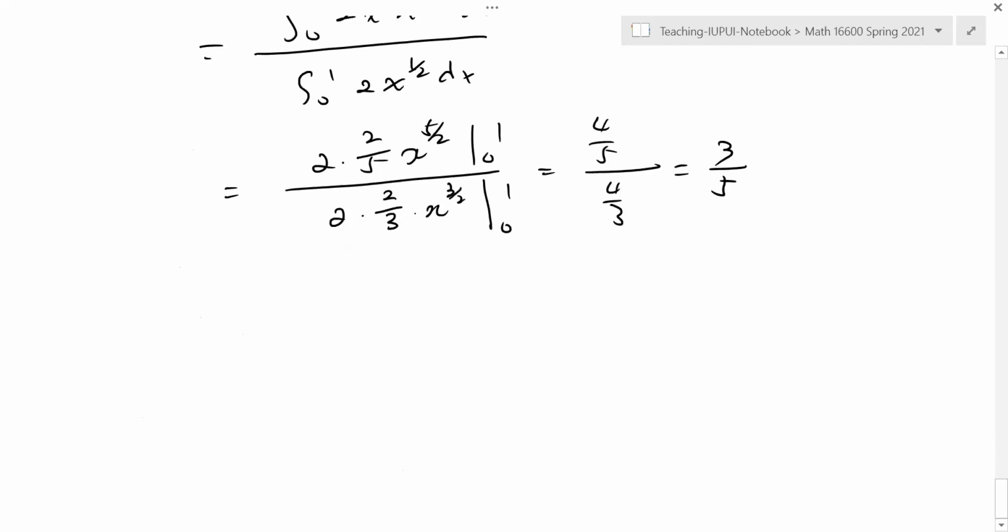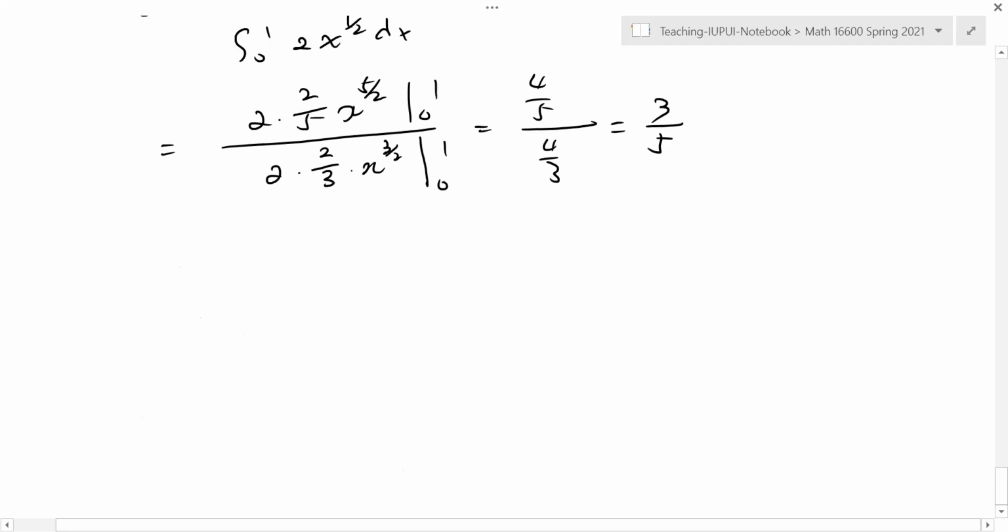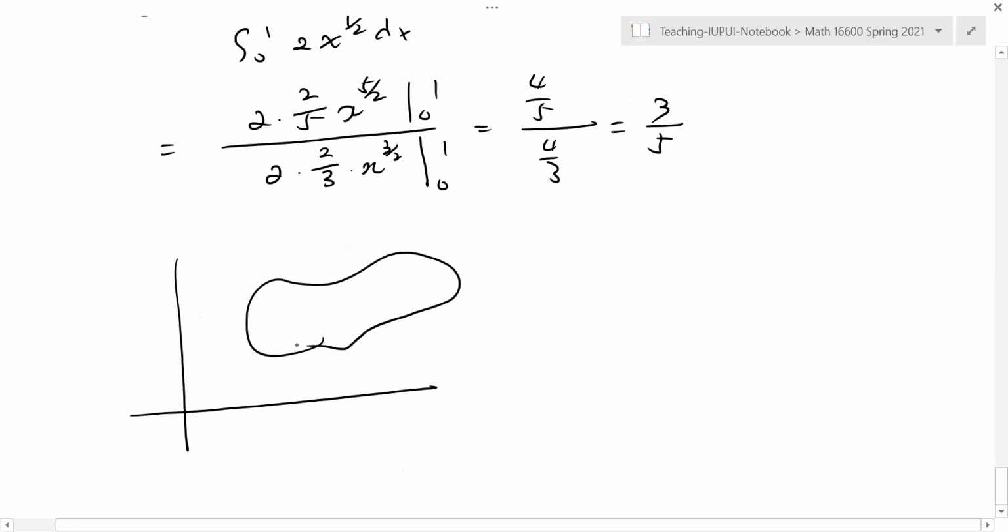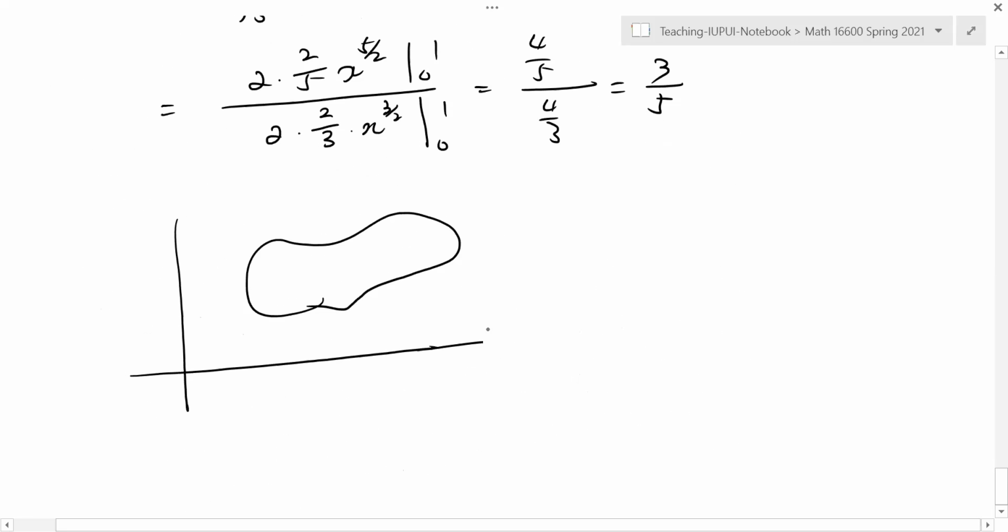Yeah, let me repeat the idea again. If we have a region in the plane, how do we find the centroid x bar, y bar? First of all, you project to this side and you can get x bar, so you get a density function. This whole region collapses to the line, and this point has more mass.